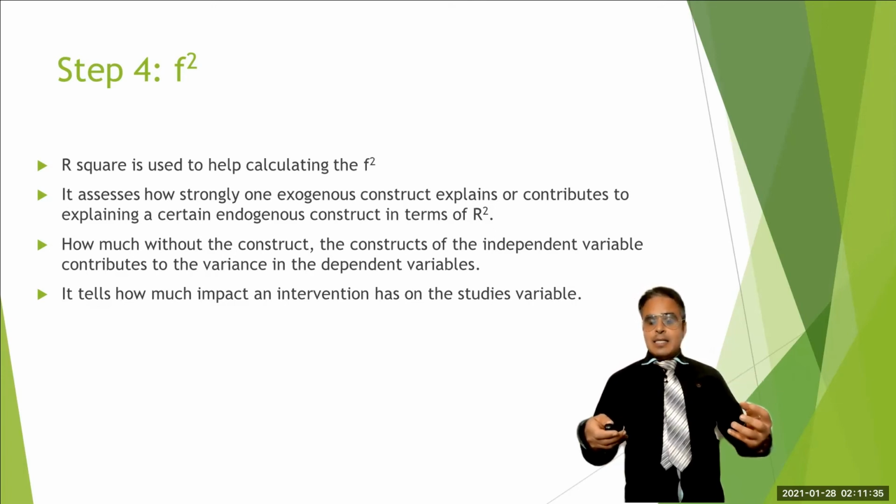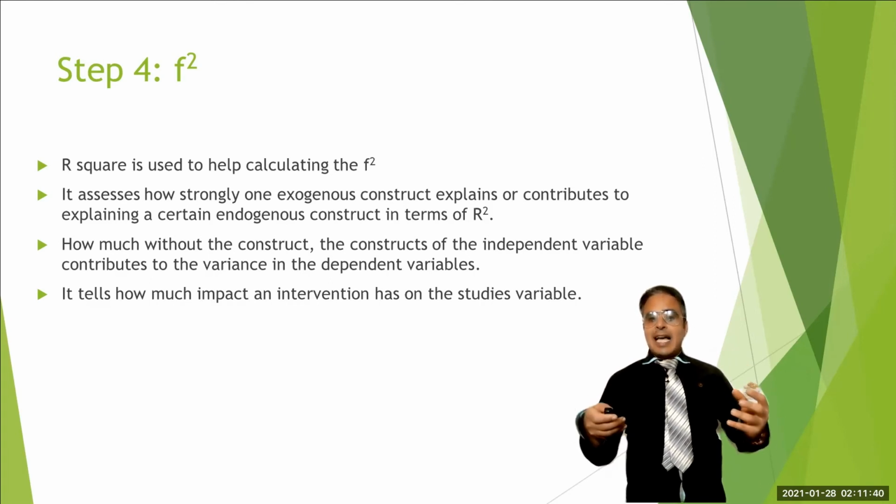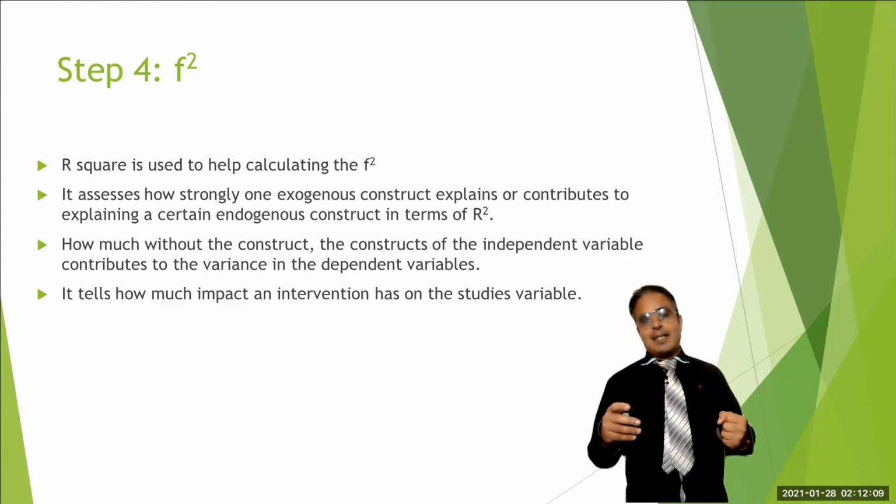F-square, or the effect size, tells how much an intervention has an impact on the study variables. You can get it in any research scenario where you intervene with one variable and see this intervention's impact, or you remove one variable and check the impact.